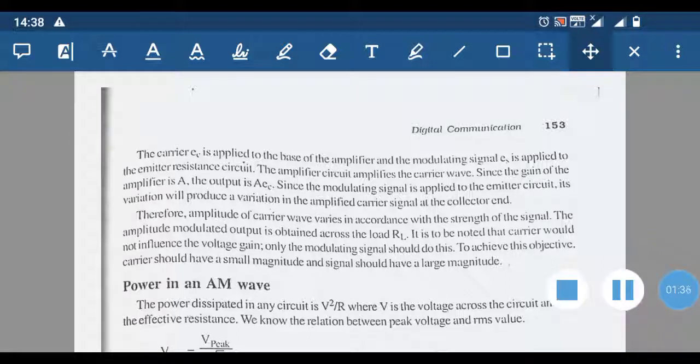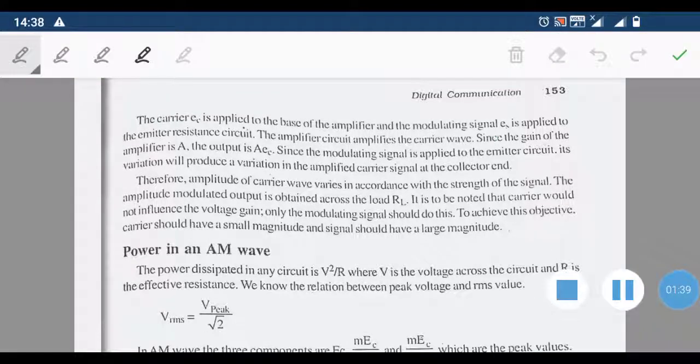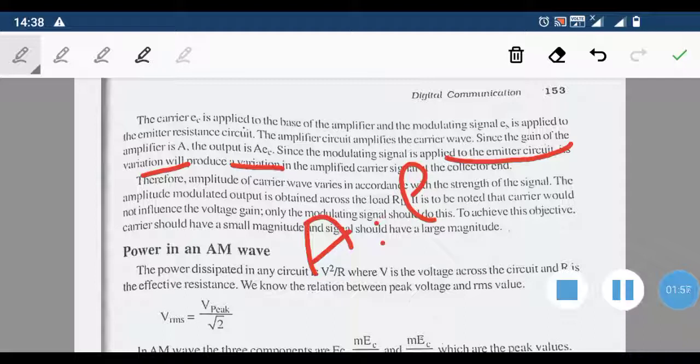Also, if ES is applied to the emitter resistance circuit, the amplifier circuit amplifies the carrier waves. Since the gain of the amplifier is A, the output will be A into EC. If the circuit has a gain of A, it is output voltage divided by input voltage.